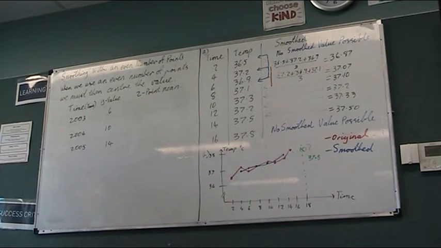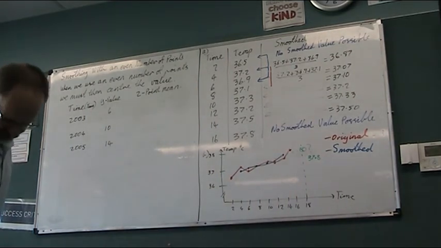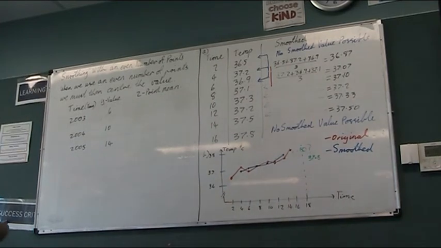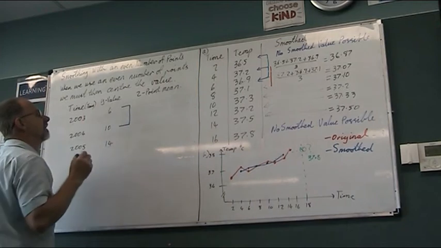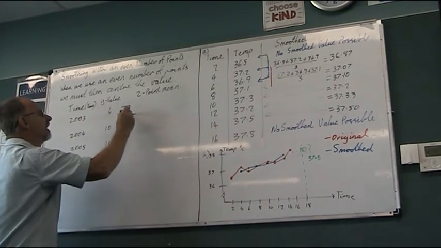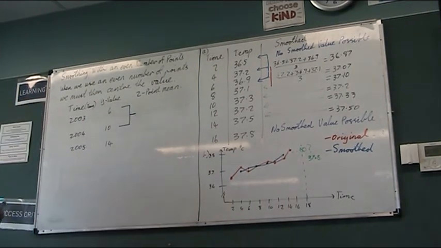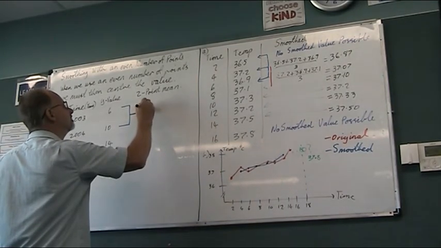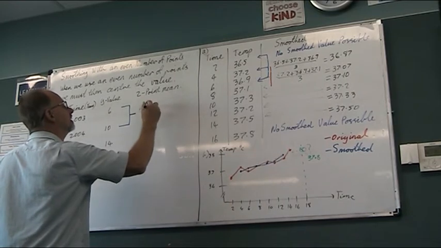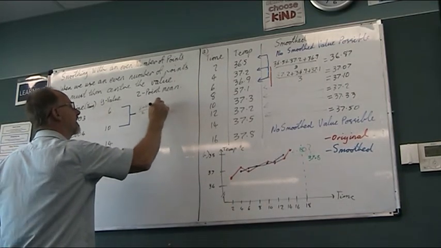All right, so if I'm working out a 2-point mean, for example, I'll take these 2 points. Now the mean, the average, ends up in the middle. So I can work it out, 6 plus 10 on 2, make 16 on 2, which is 8.